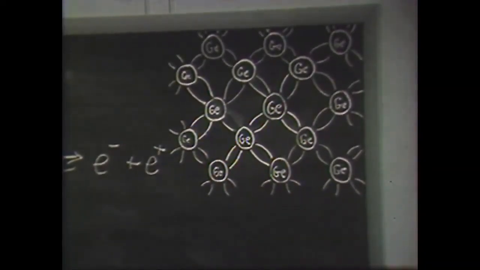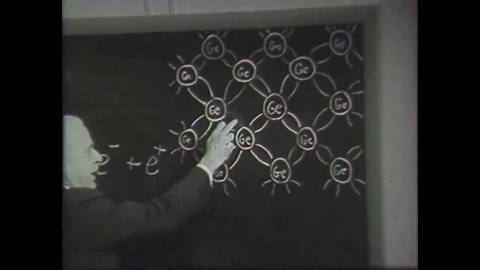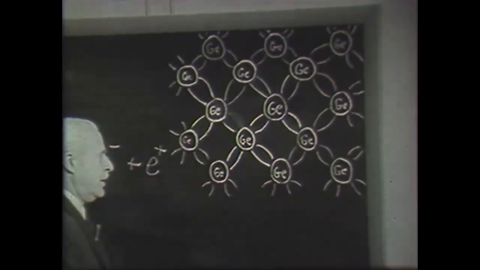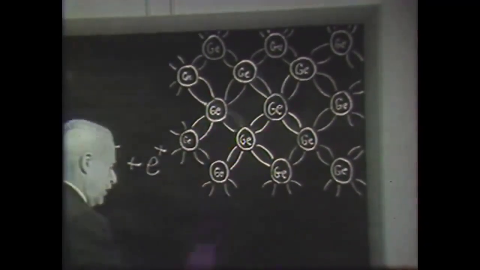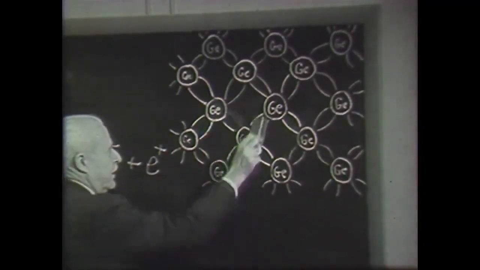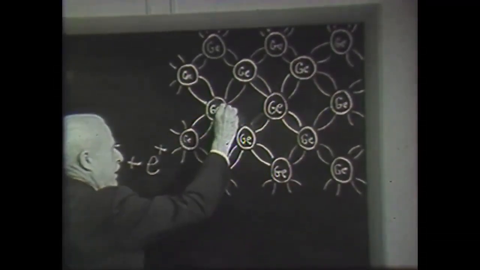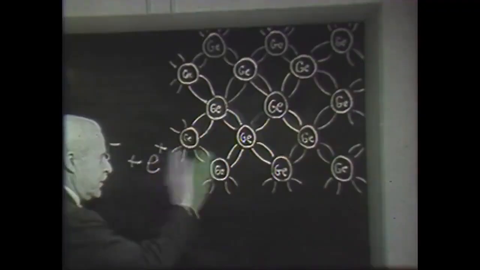But we've done something else to the lattice. We've got in the lattice a position, that bonding position, that's lacking an electron. And this bonding position can also move through the lattice in this manner. This electron here can move over and go into this one, and so on.